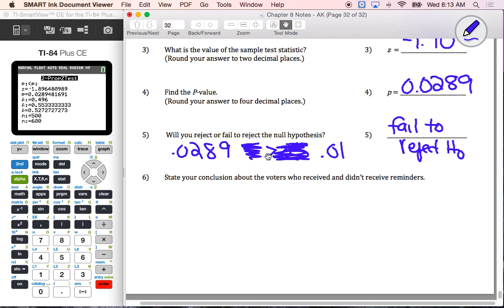So we have this at the 1%, not 5%, so 1% level of significance.